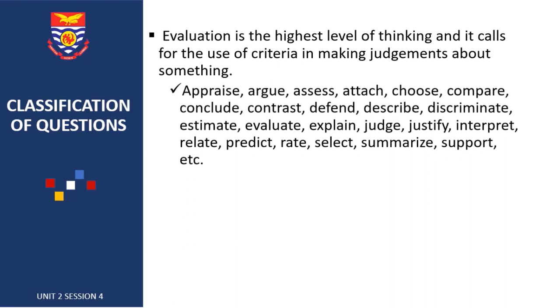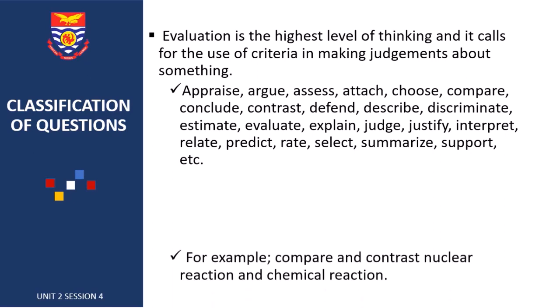Action verbs, some of them include appraise, argue, assess, attach, choose, etc. And at this level too, we don't have just one answer, because it is a point that students will be making judgments. So it calls for divergent answers that are not fixed or are not one.